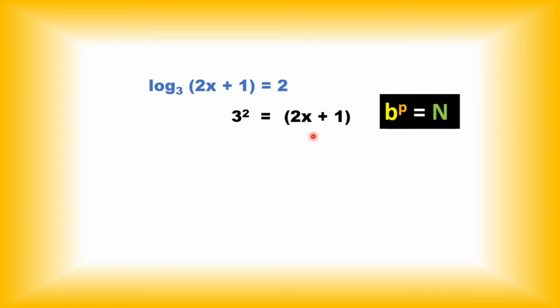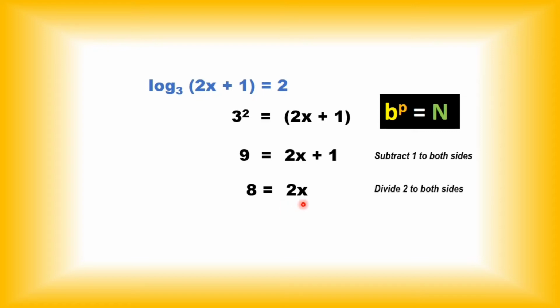We can now solve for x. So 3 squared is equal to 9. We write 2x plus 1. Then subtract 1 from both sides of the equation. So we have 8 is equal to 2x. And then divide both sides of the equation by 2. And the value of x is equal to 4.